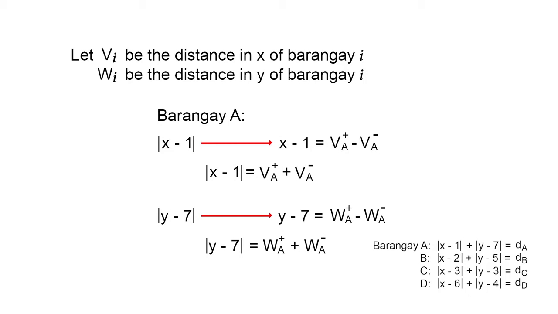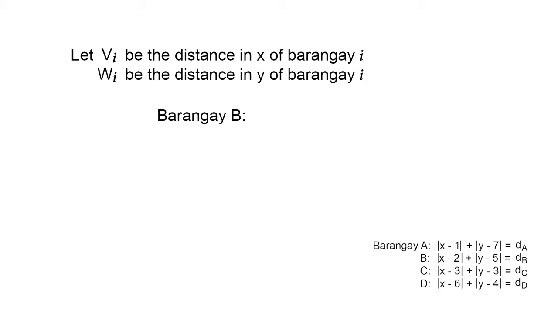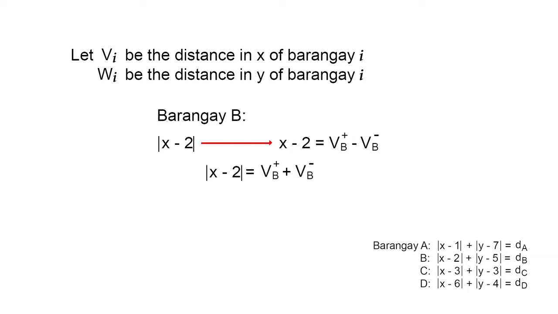Let's now transform the value of barangay B. Barangay B is given by the absolute value of x minus 2 and the y distance of the absolute value of y minus 5. Therefore, we rewrite this as barangay B. The x distance is given by the absolute value of x minus 2, or x minus 2 is equal to VB plus minus VB minus, and the absolute value of x minus 2 is equal to VB plus VB minus.